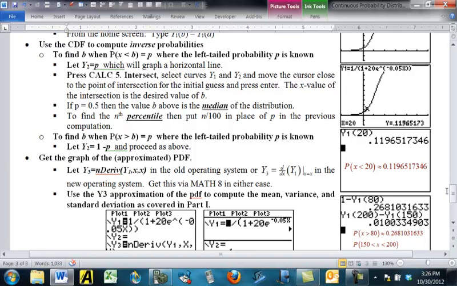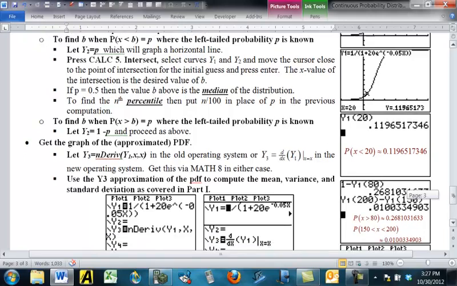For example, if we want to find b when the probability of x is less than b is equal to p, that's the left tail probability, p is known, then we know that the y value is p on the CDF curve. So just go to your graph, let y2 be p, and that'll graph a horizontal line, and just find the intersection of that horizontal line with the CDF curve.